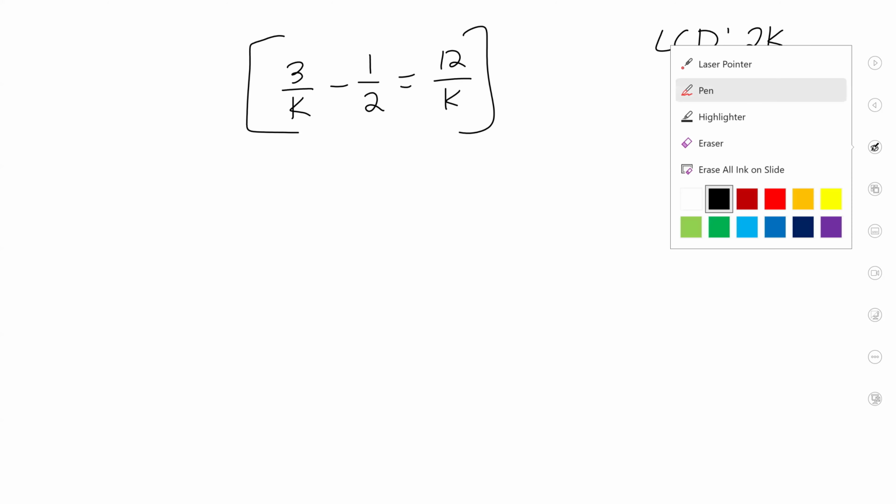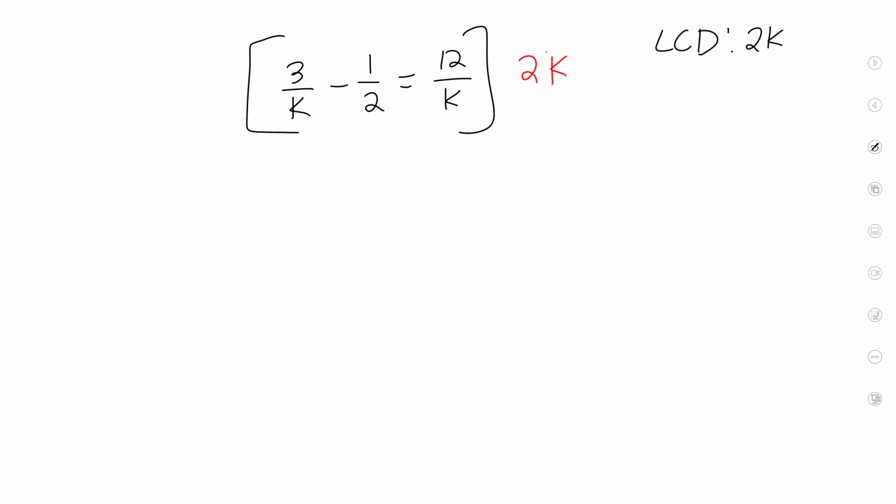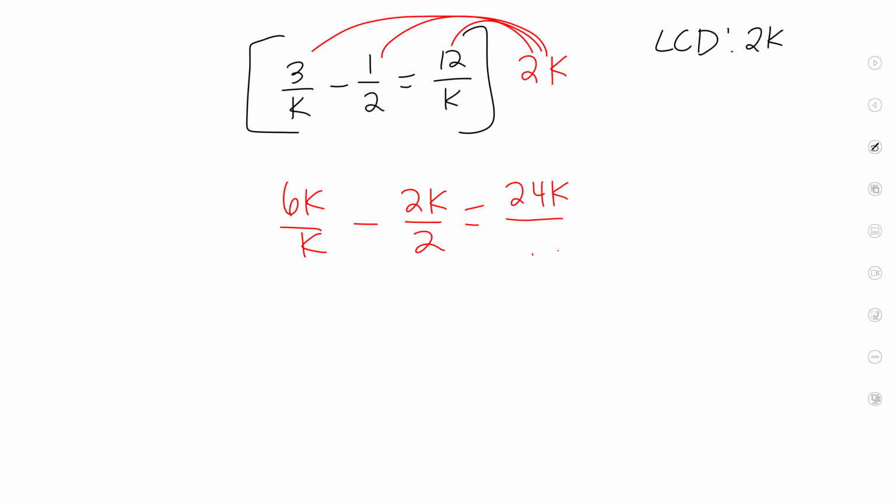So you guys are working on this problem. Most of you guys have already finished it. What is the least common denominator? Yep, 2k. So that's what I'm going to multiply all of these by. When I do, I'll get 6k over k minus 2k over 2 equals 24k over k.